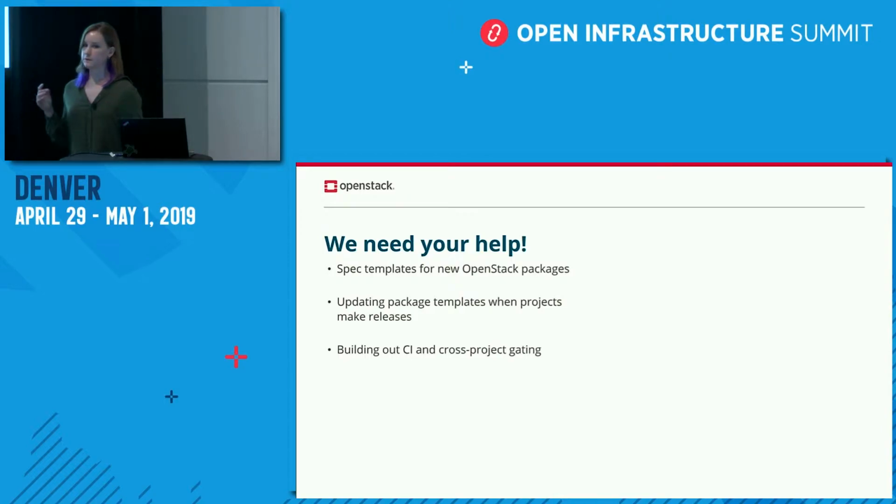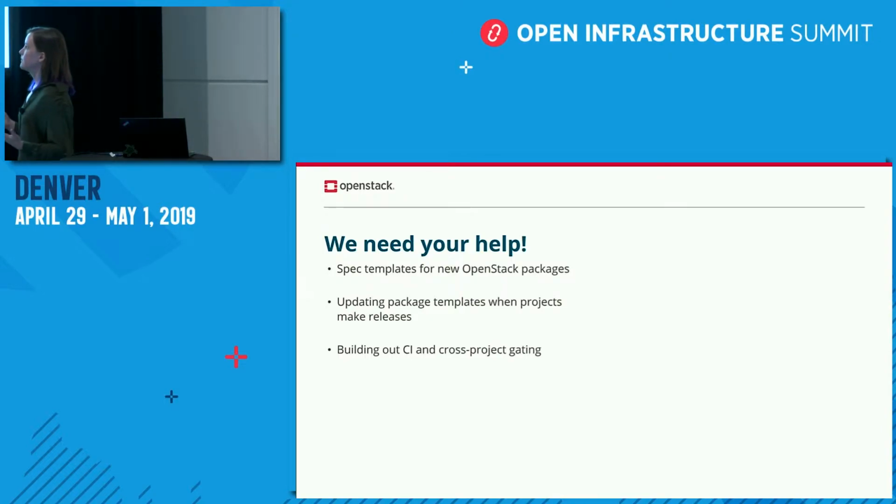And we would love for more help with these things. Of course, adding new packages for new projects, or adding packages, or spec file templates rather, for existing projects. And then help with keeping these things up to date. There's a little bit of a manual process with keeping these packages up to date.